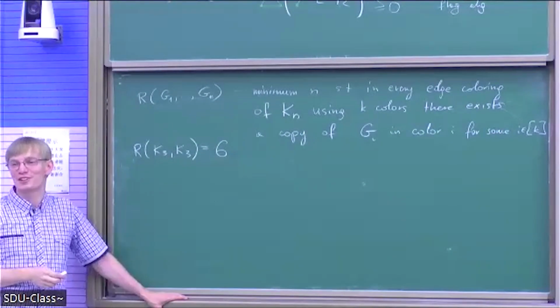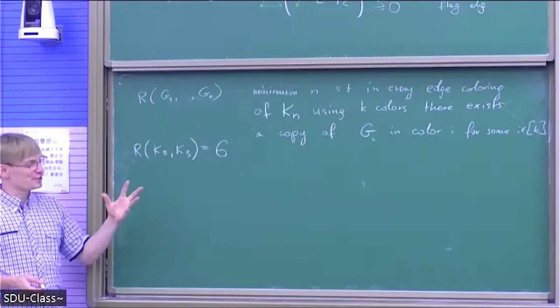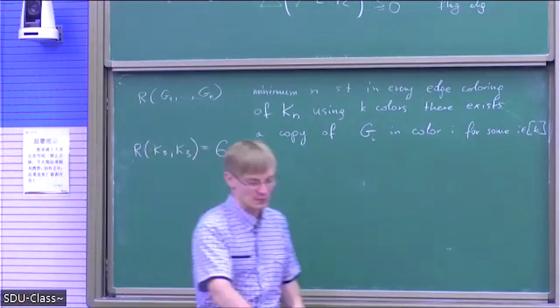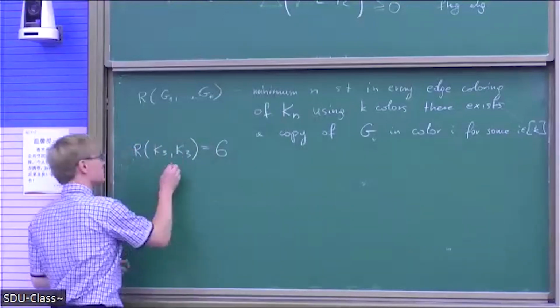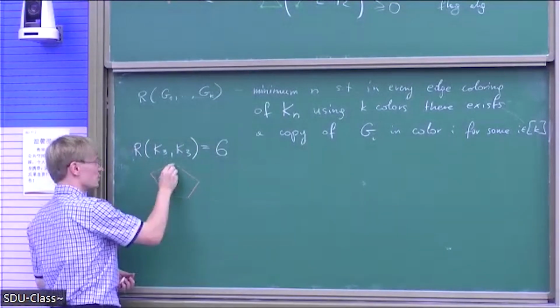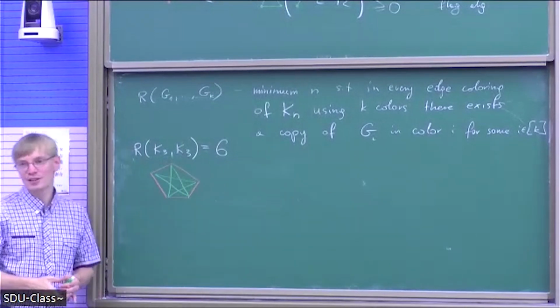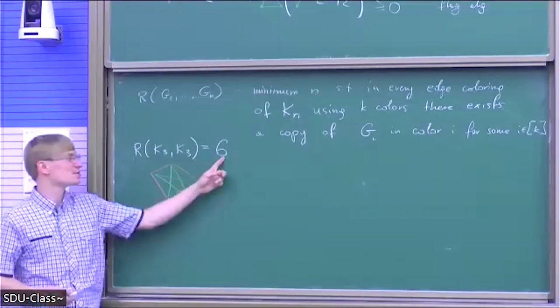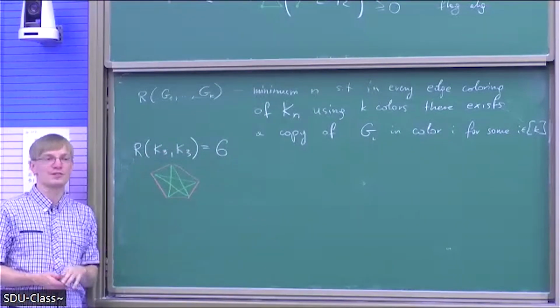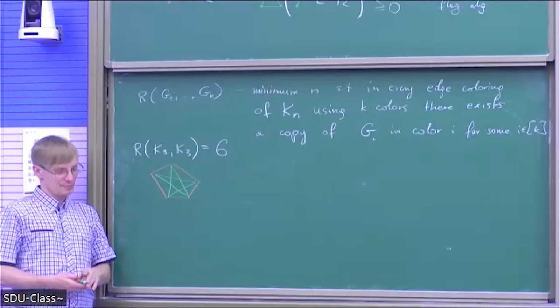Yeah, this is a standard graph theory course always. So using 5 vertices, you can color a complete graph on 5 vertices using 2 colors without a monochromatic triangle. And it's an easy exercise that if I use 6 vertices, a clique of size 6, then already I will find a monochromatic triangle. Okay?